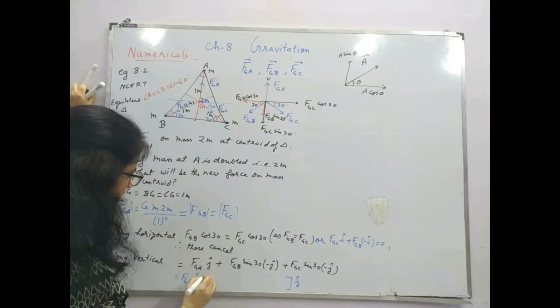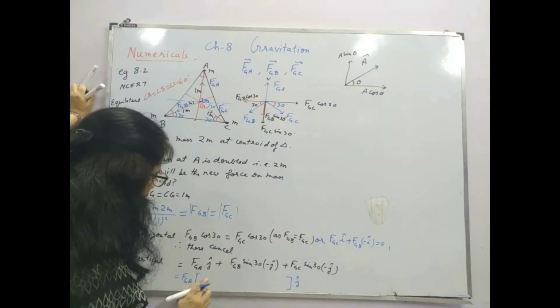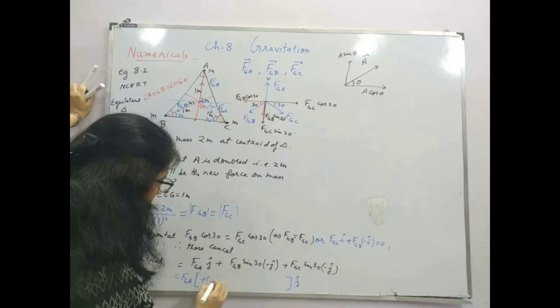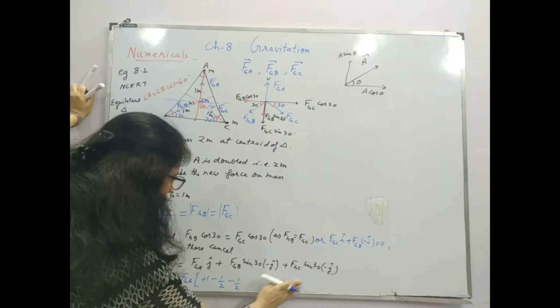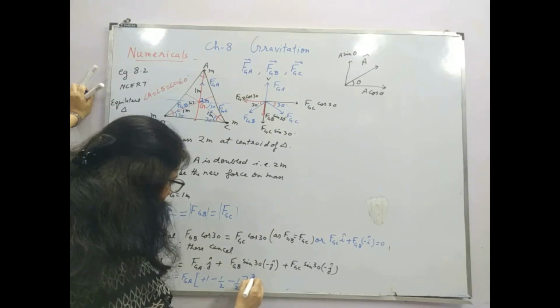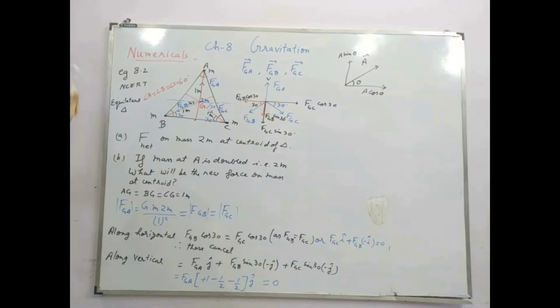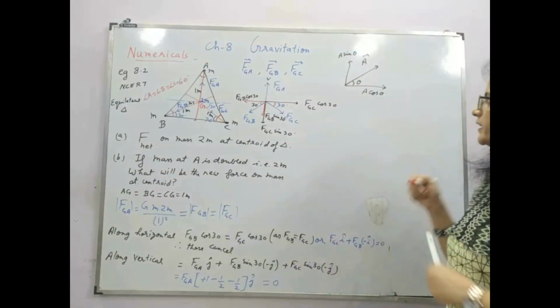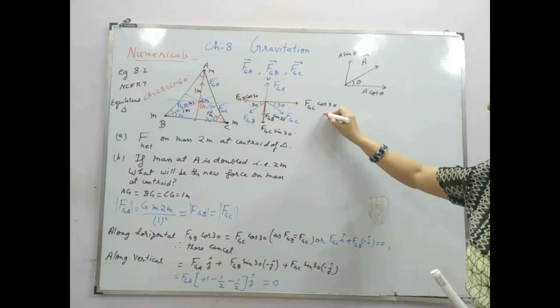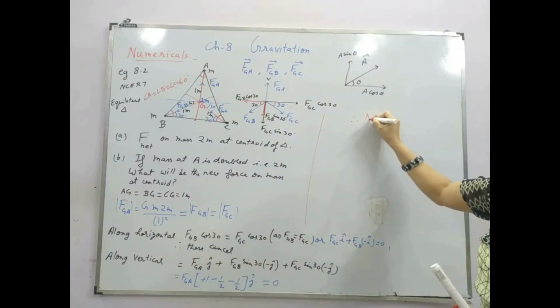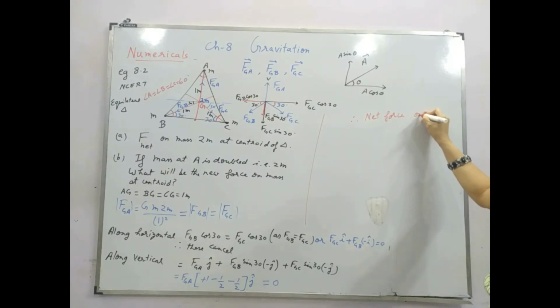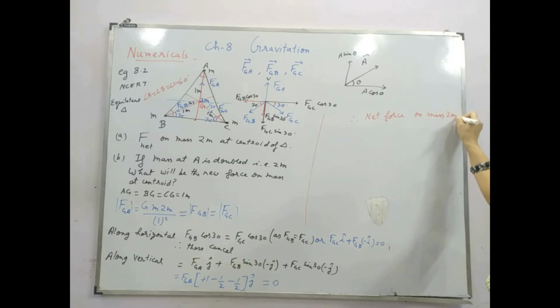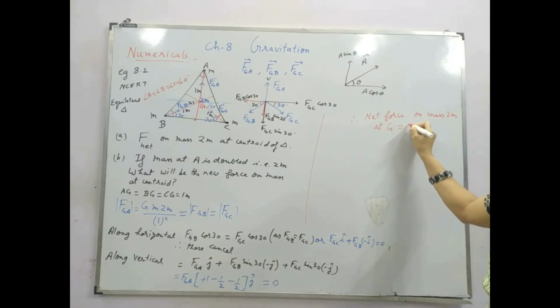And this will be 1. Let me see, this is plus 1 and this will be minus 1 by 2 and this will be minus 1 by 2. So this gives me 0. So the net force, first answer of the first part is that the net force on mass 2m at G is equal to 0.